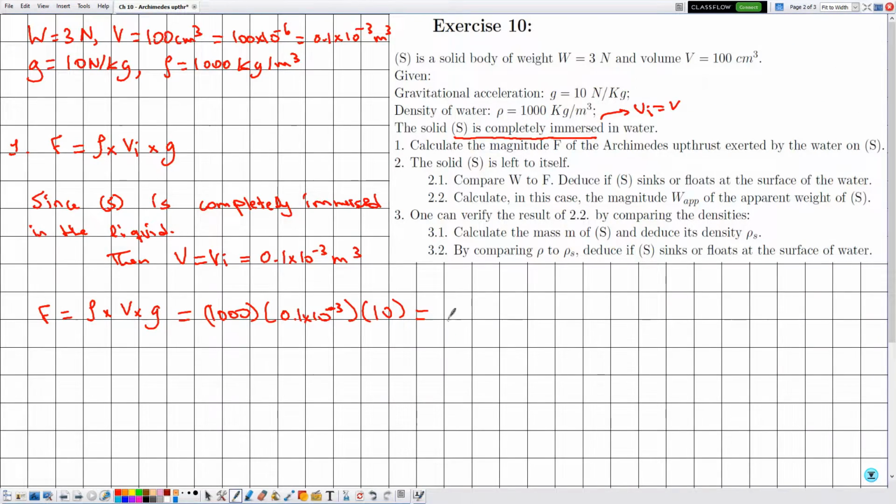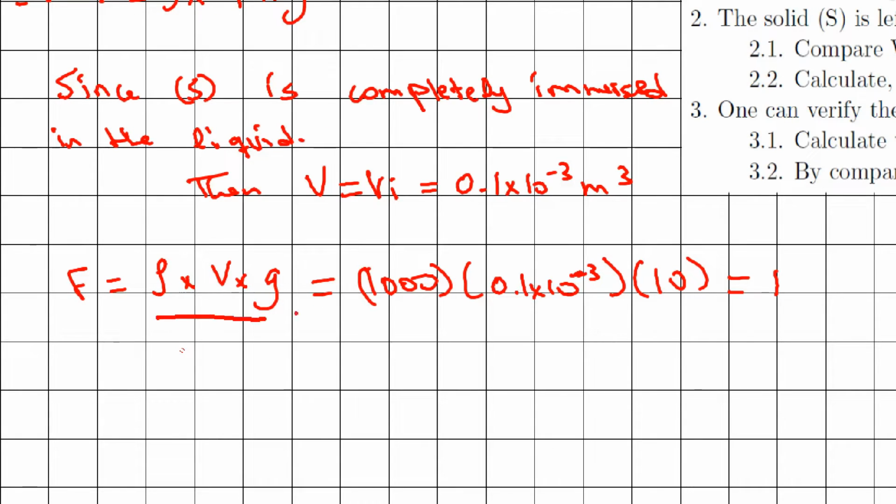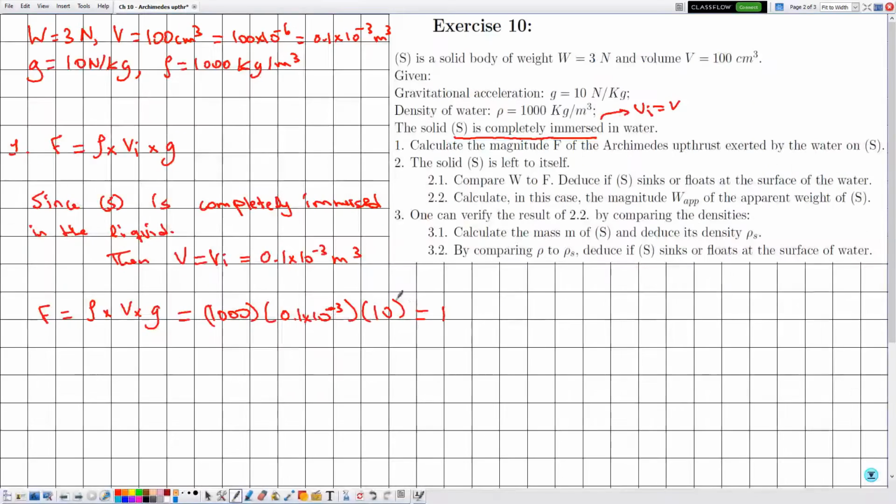Plugging this on the calculator, the value of F is 1. Since everything is expressed in the SI, the value of F will be expressed in newtons. So the magnitude of the force F exerted by water on the solid S is F equal to 1 newton.